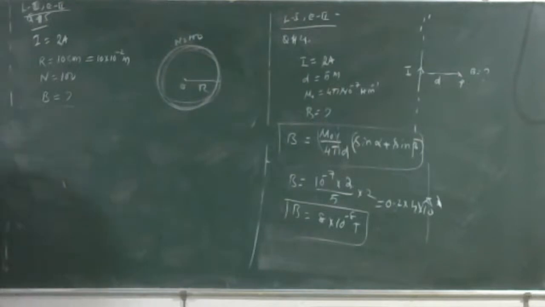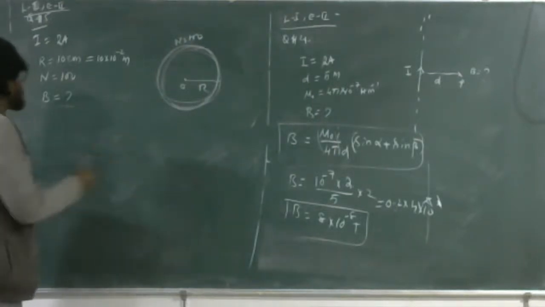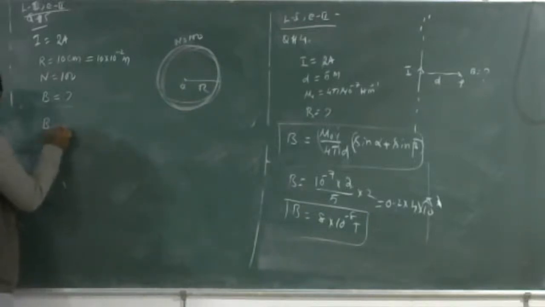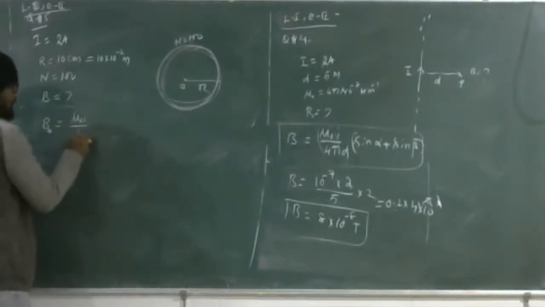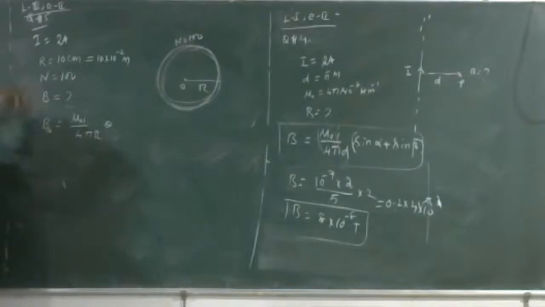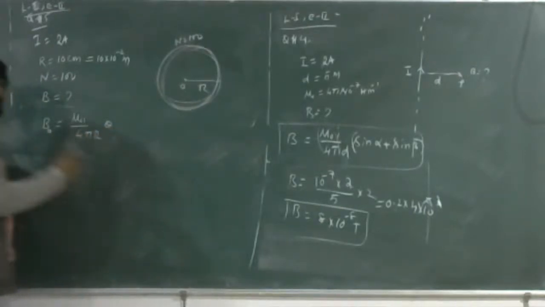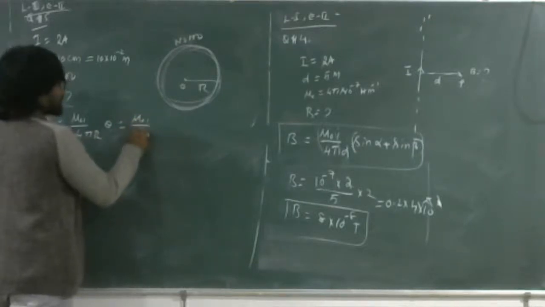If you have a coil of 1 turn, the magnetic field at the center due to it is given by the general formula: mu naught I by 4 pi r into theta. Due to one circular coil of 1 turn, theta should be 2 pi. So if you substitute 2 pi, you'll get mu naught I by 2r.